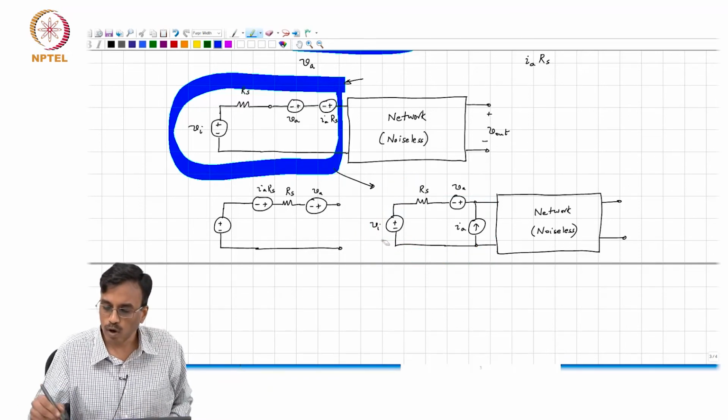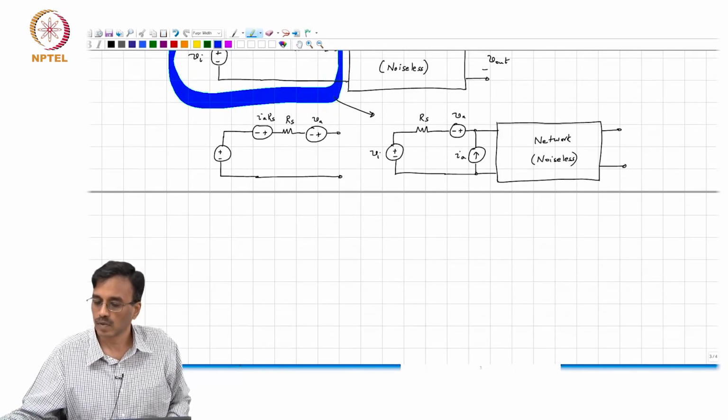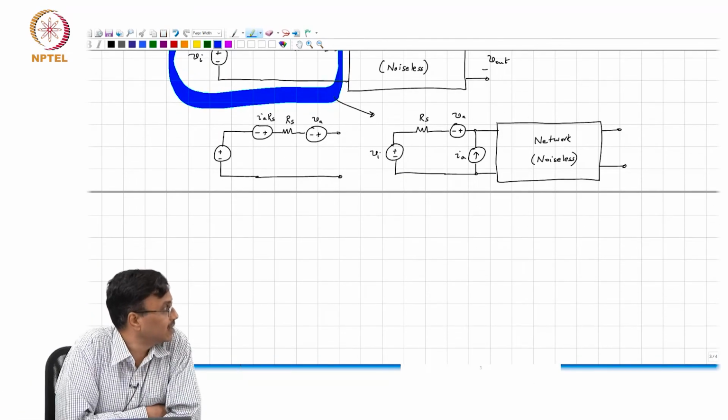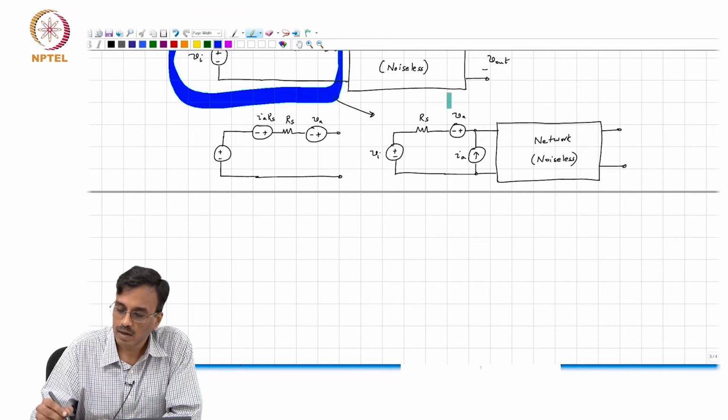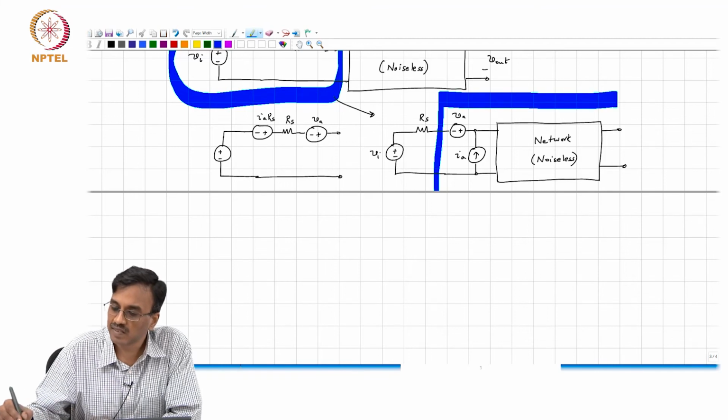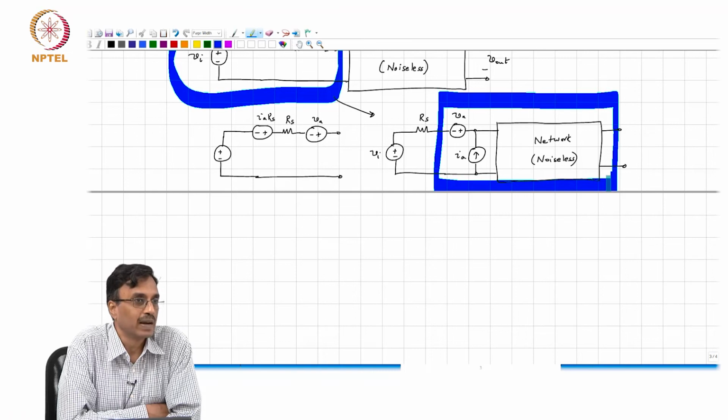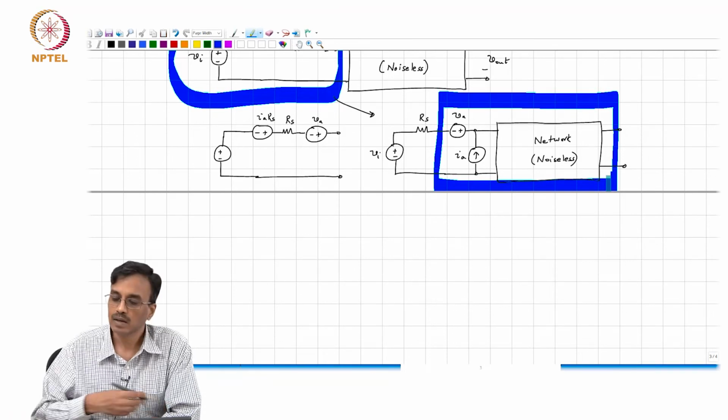So, now what can you say? You stare at this picture and then therefore, what do you give the user? Well, you say that this is the equivalent noise representation of my network, right?